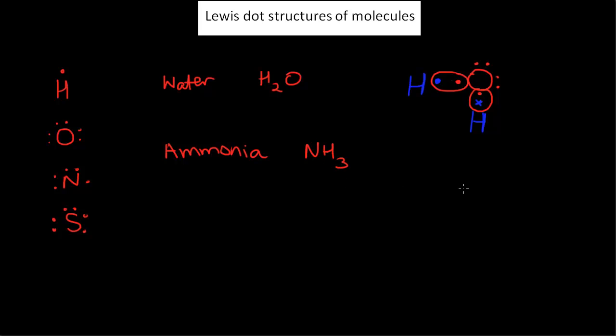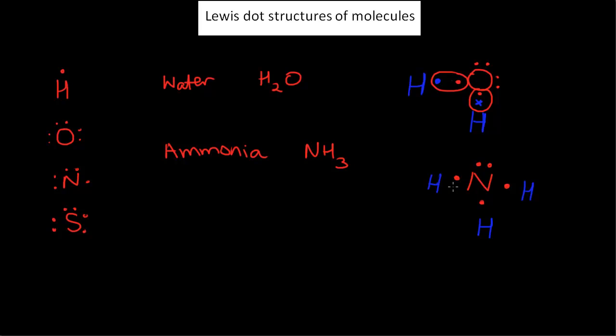N, as you know, has 5 electrons in its valency shell, and so it needs a further 3 to complete its outer shell to make it 8. And the hydrogens, there's 3 of them, so I can put a hydrogen here, and 1 there.